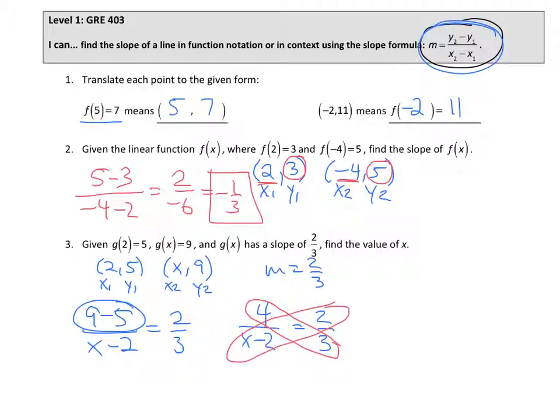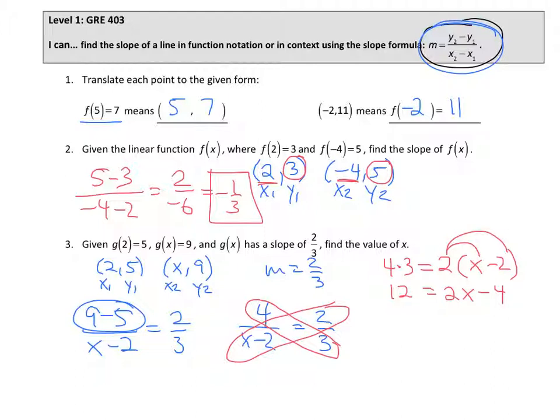So first I would do 4 times 3 on one side, and then I put my equal sign. And then I multiply my other diagonal parts, 2 times the quantity x minus 2, which needs to be in parentheses. And 4 times 3 is 12. And I would distribute that 2 and get 2x minus 4.